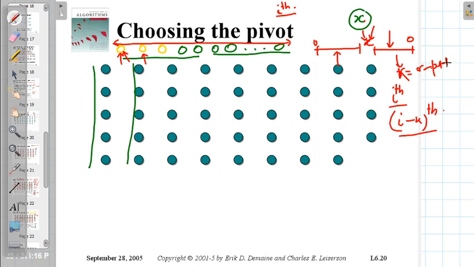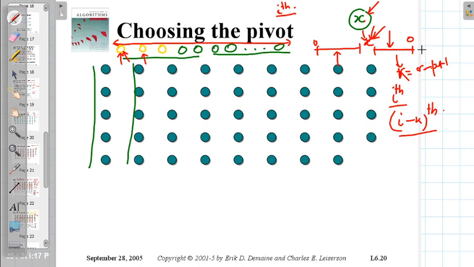The only thing changed from the randomized one is that we have toiled hard to get this pivot x, so that the partition will be balanced.